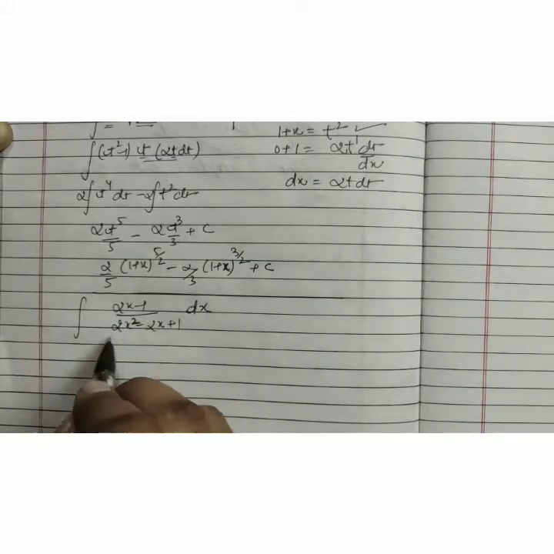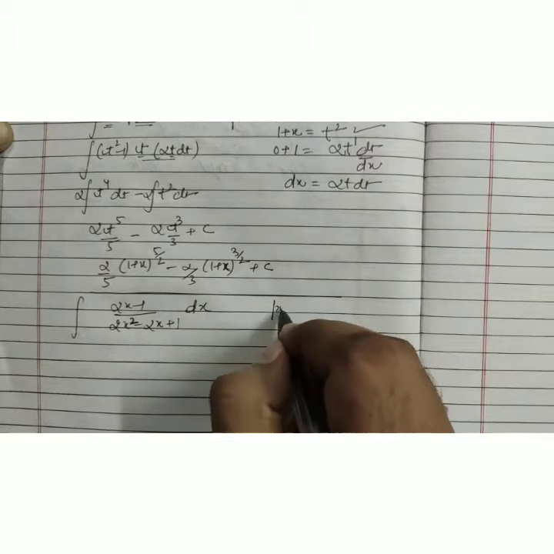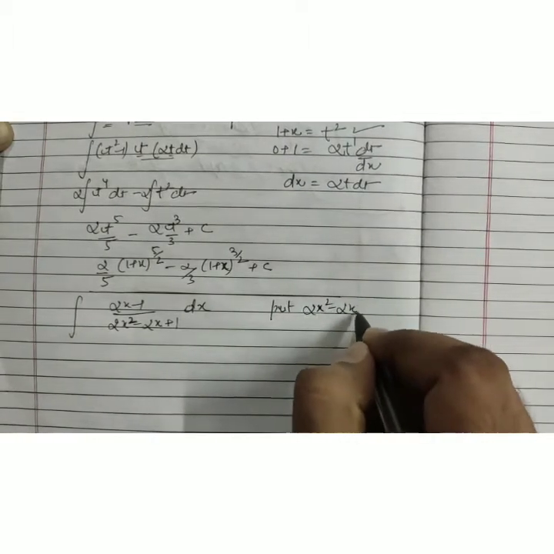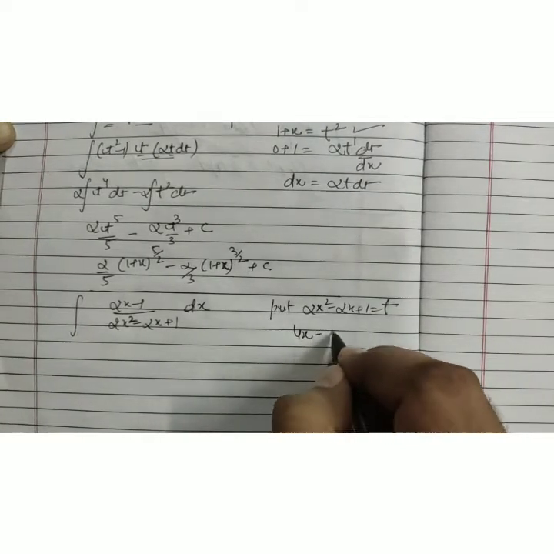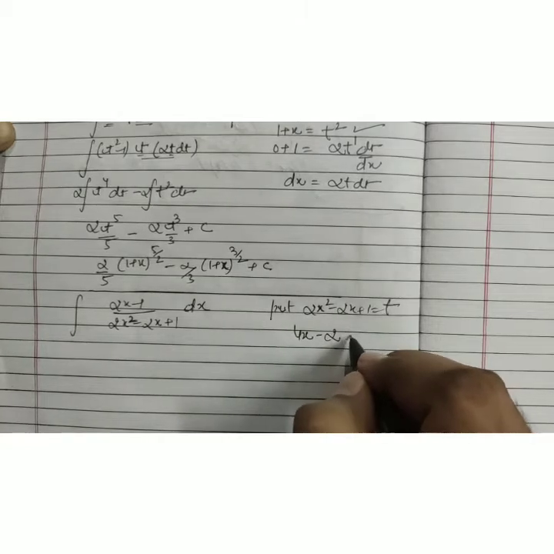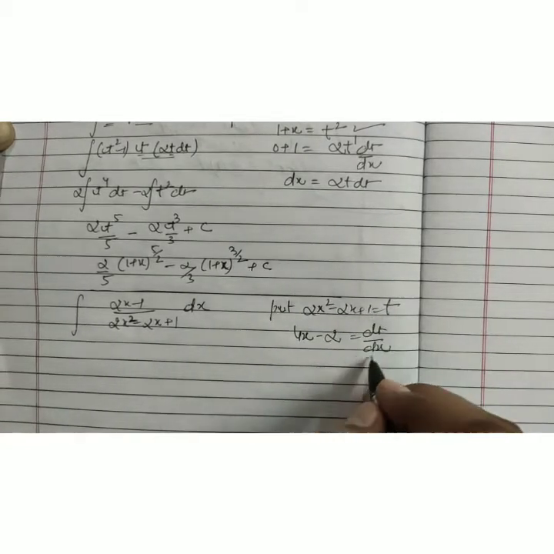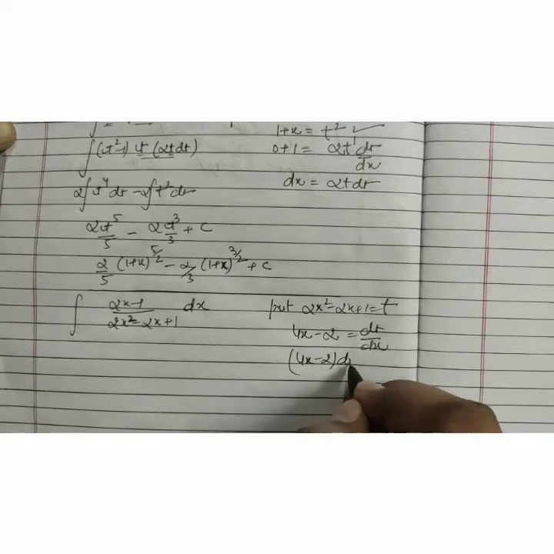Here, the derivative of this term gives us a linear function, so we are going to put the denominator, 2x square minus 2x plus 1, as t. Derivative of 2x square becomes 4x, derivative of x becomes 2, is equal to dt by dx, because derivative of 1 becomes 0 here. Shifting dx to the left hand side, we get this one.